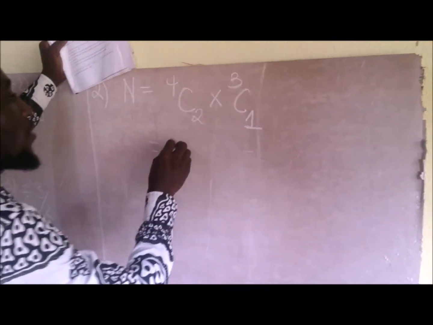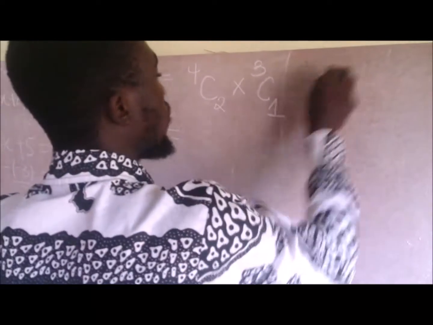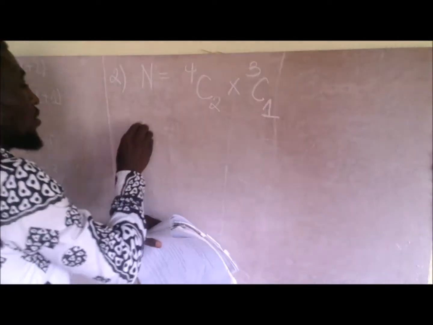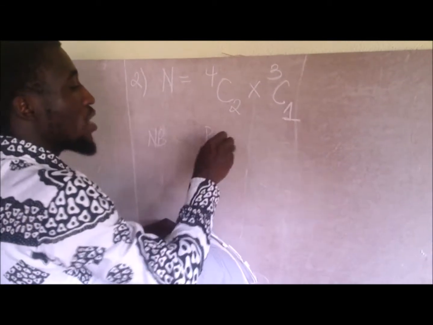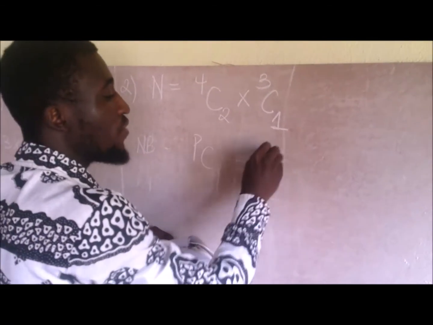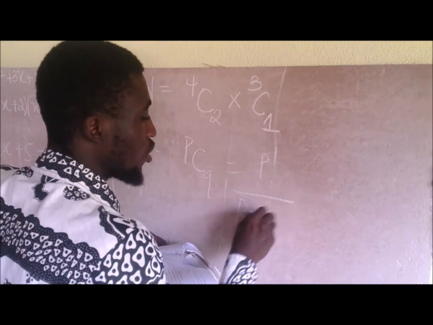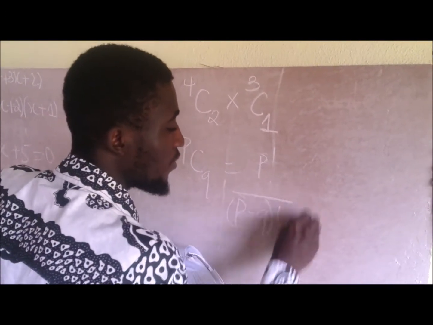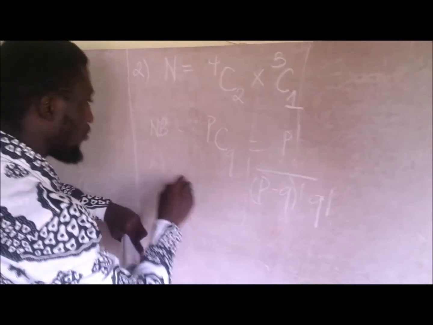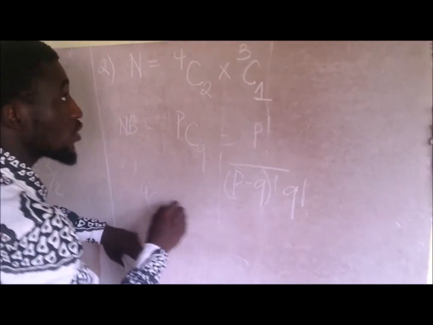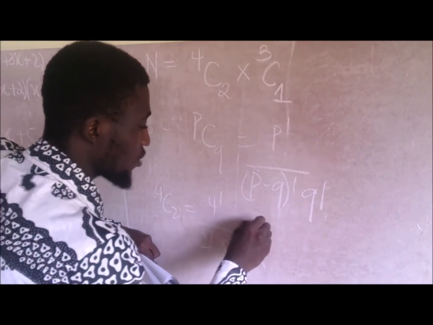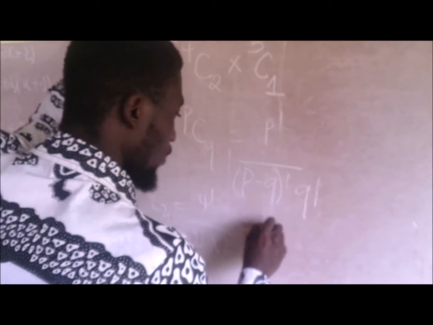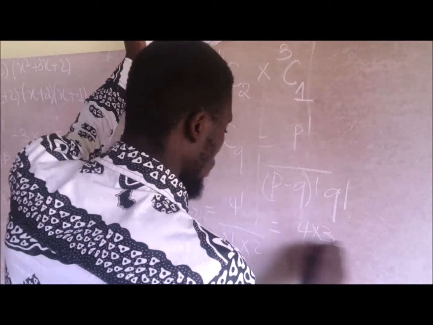Remember that nCr is equal to n factorial on n minus r factorial times r factorial. Same here, 4 combination 2 equals 4 factorial all over 2 factorial times 2 factorial. So it's going to give us 4 times 3 on 2.